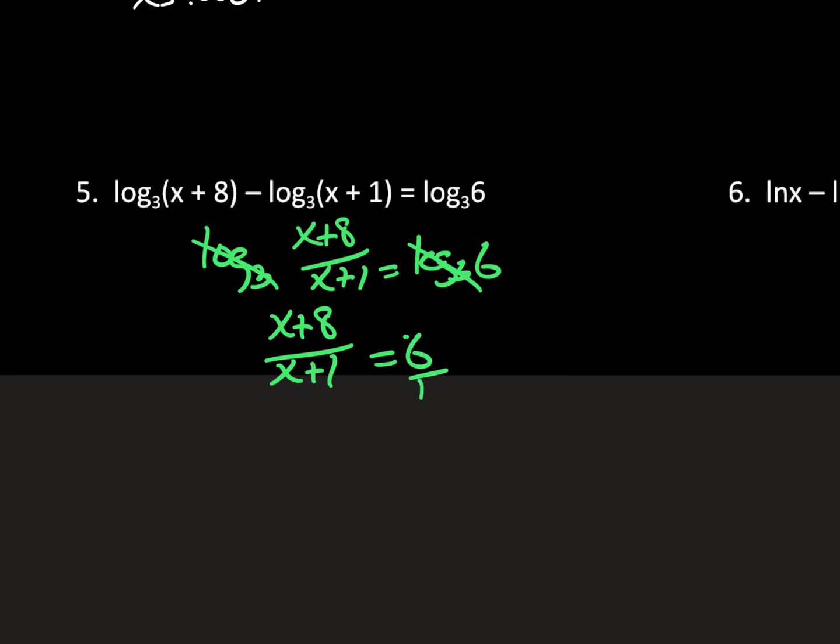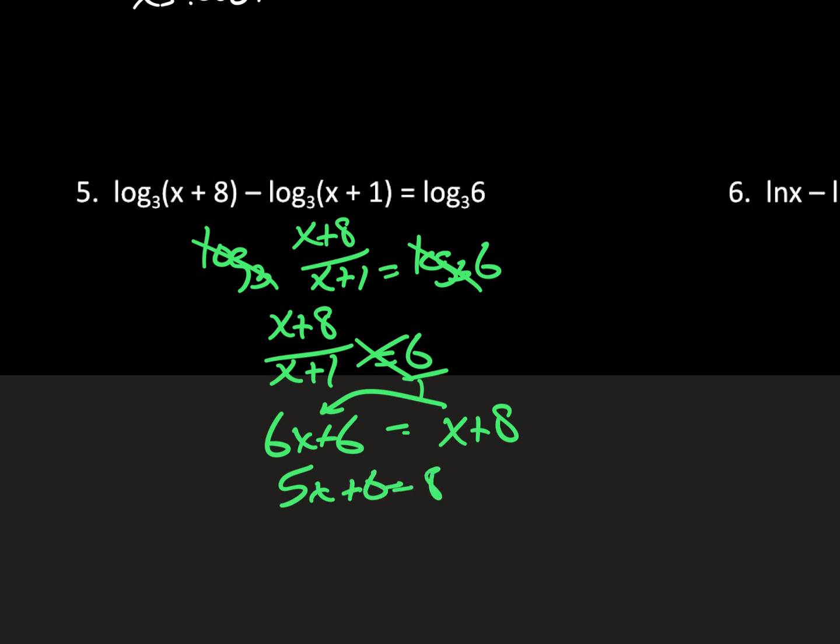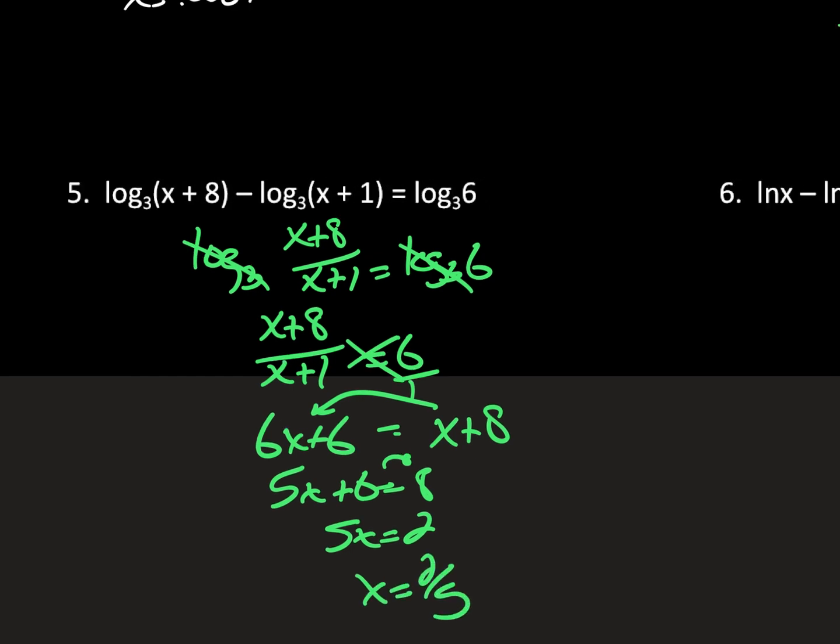Again, that's really 6 over 1, so we're going to cross multiply here. 6x plus 6. The 1 times the x plus 8, which is x plus 8. Sorry about that. Move that x over. Move the 6 over with the 8. And you get 2/5. Now, you do need to check and make sure it keeps your logs positive, which it does. So we're good there.